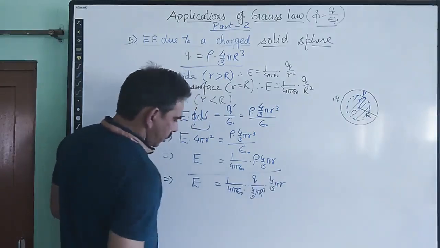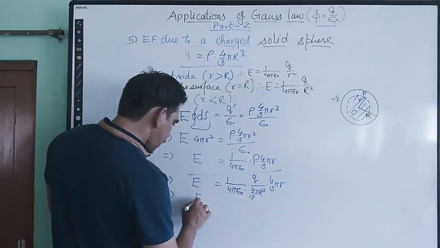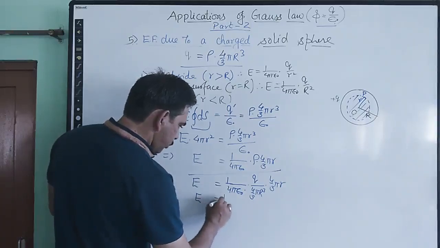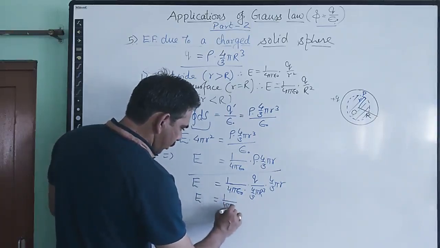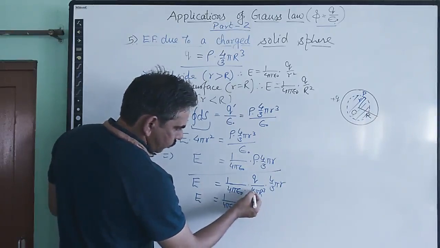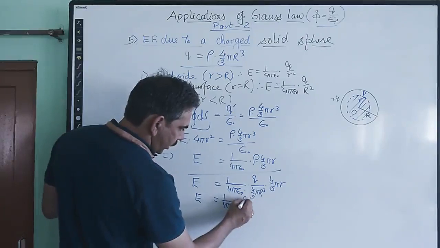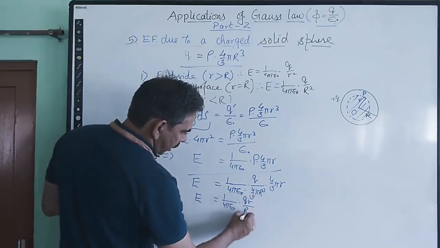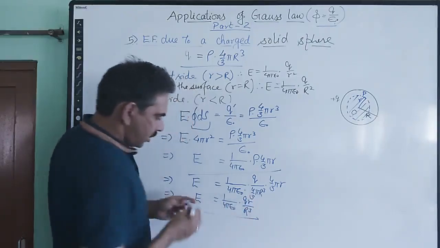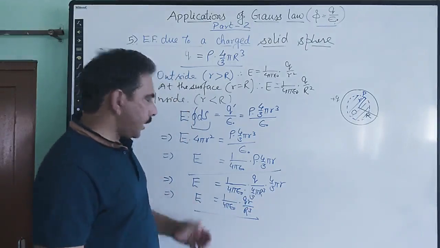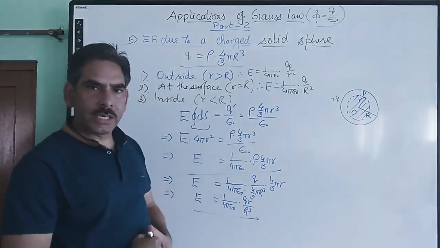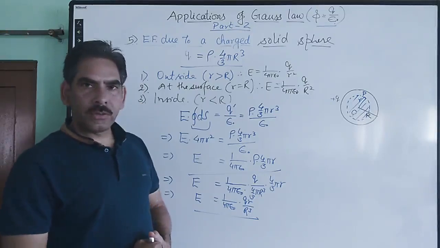On solving, the electric field reduces to 1 upon 4 pi epsilon naught; 4 by 3 pi cancels out, so we are left with only Q r upon R cube. So this is another form of the electric field inside a charged solid sphere. So that's all for now. Thank you.